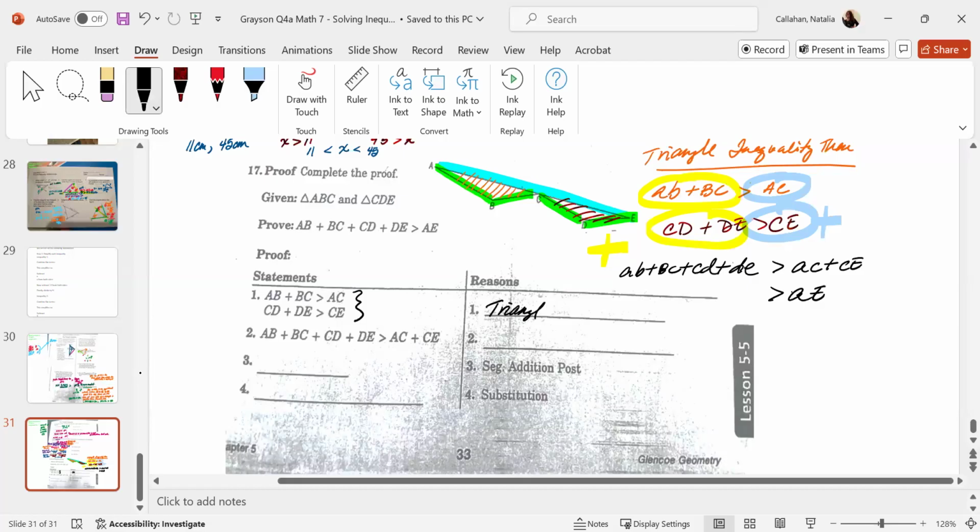The reason is just a name: triangle inequality theorem. That's it. What does the second statement say?